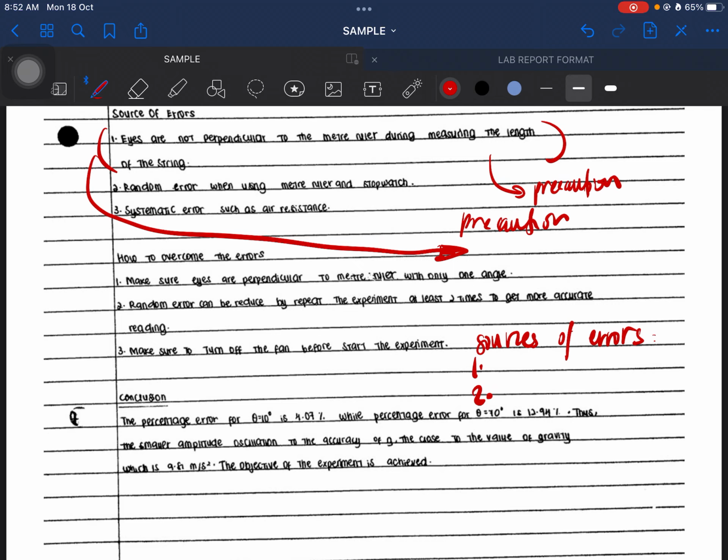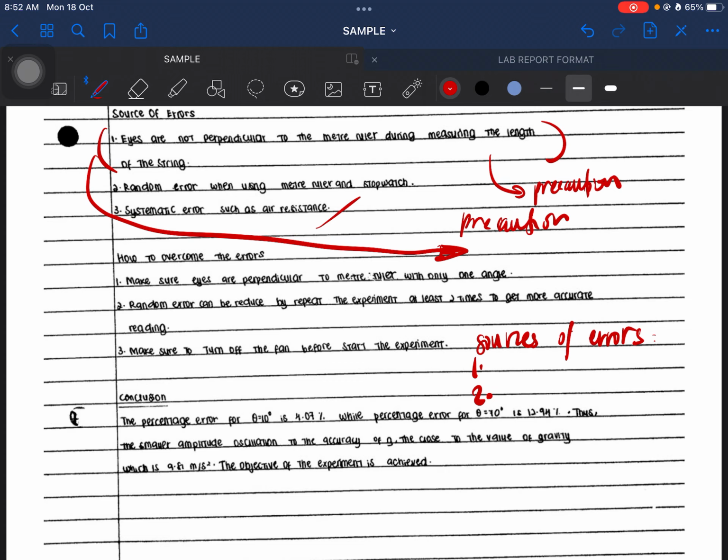So this one is random error when using meter ruler and stopwatch. Systematic error such as air resistance. This one is acceptable. If you explain it further, for example, you can write the presence of air resistance, especially when the fan is turned on, will affect the oscillations of the pendulum.